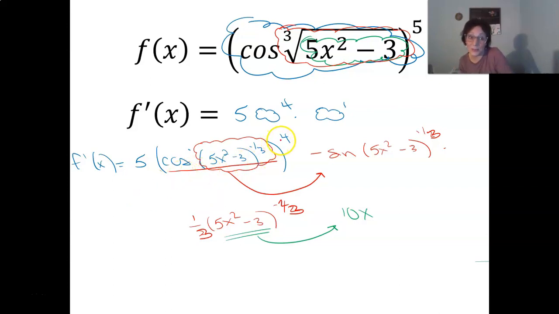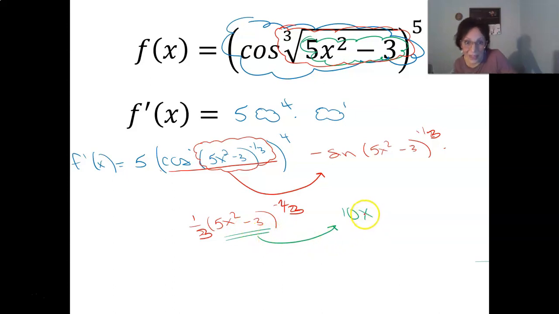You got to take the derivative of your stuff. Well, it just so happens that your stuff is the cosine of even more stuff. So you do the derivative of cosine, you get negative sine of that stuff. Well, now I got to take the derivative of this stuff. Well, that's 1/3 new stuff, even more stuff, to the negative 2/3.